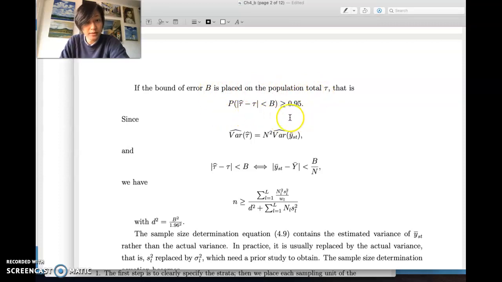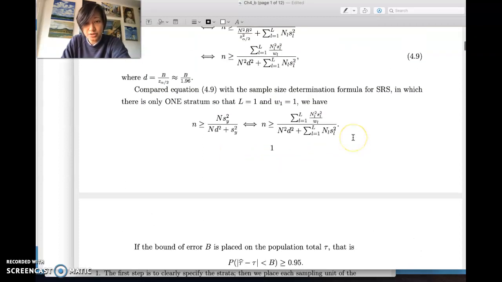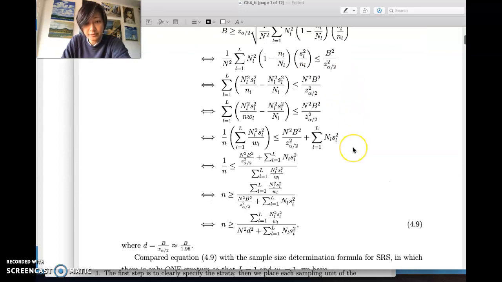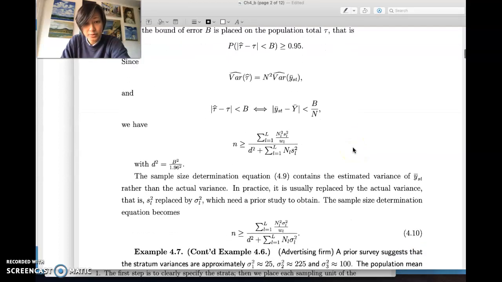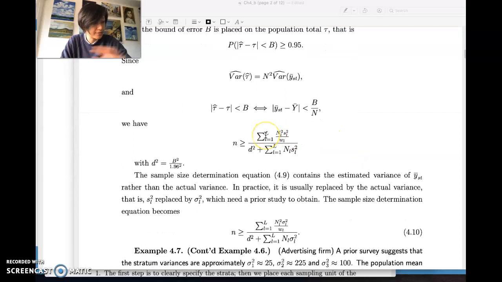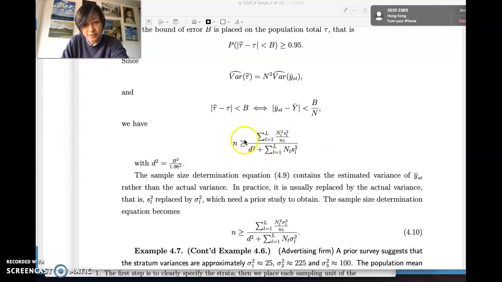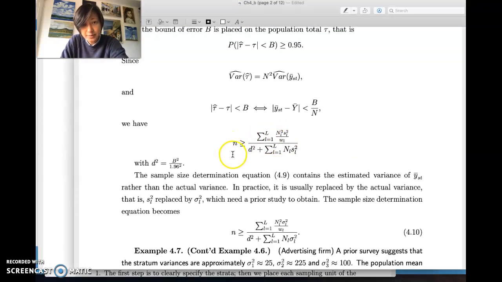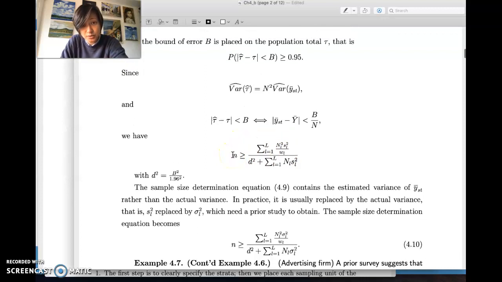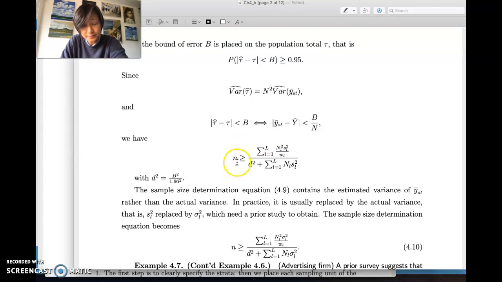We can follow the same procedures, and the variance of tau is N squared multiplied by the variance of y bar. After the same procedures as above, we derive the formula for sample size determination based on the population total.